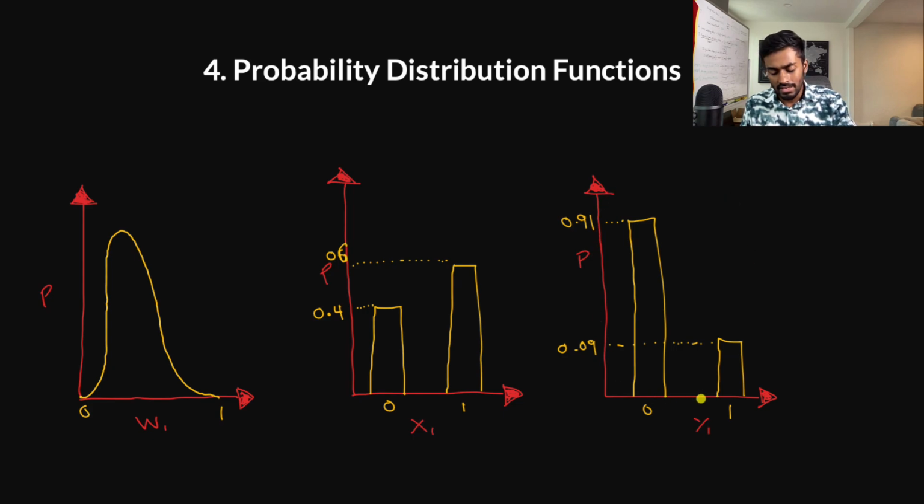Technically, this distribution itself is the label. So it's something that the model doesn't know and needs to learn on its own. And when it learns a distribution that is as close to this as possible, it can then start making predictions on its own.